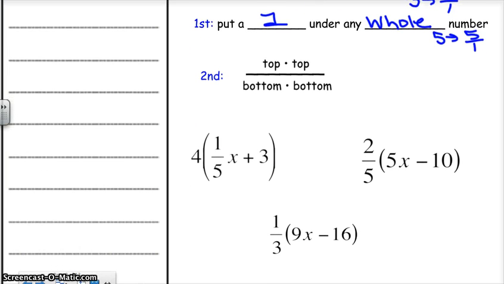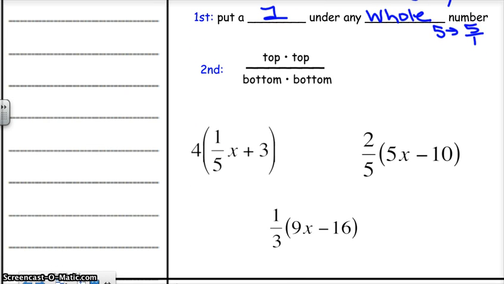So looking at this first example, 4 times 1/5 x plus 3. I see a fraction involved, so the first thing I'm going to do is put a 1 over any whole number. Anytime I see a fraction, I'm just putting a 1 on the bottom because I'm just going to deal with everything like a fraction.